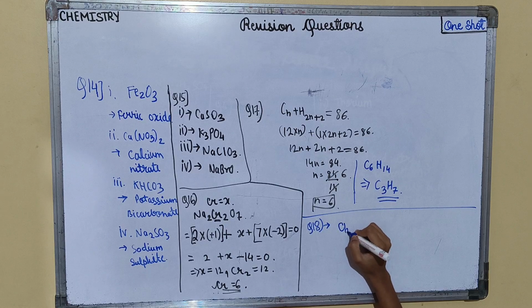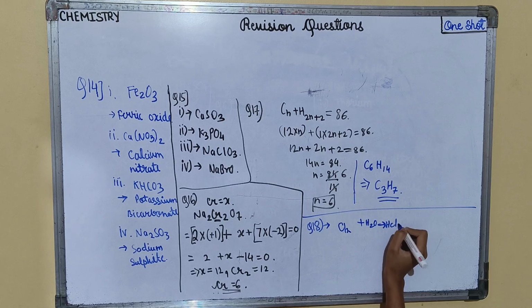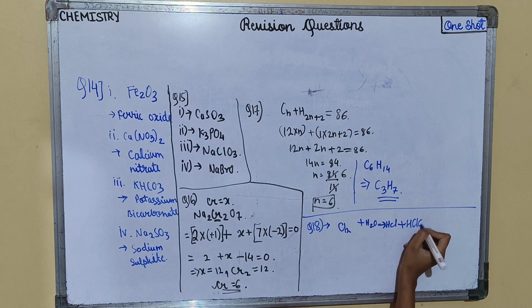This question is related to again ABC of chemistry. It is Cl2 plus H2O gives HCl plus HClO.